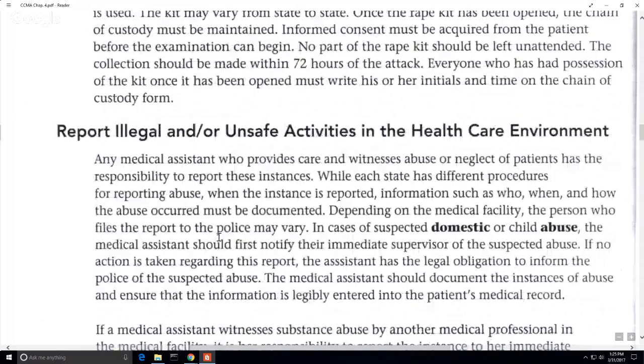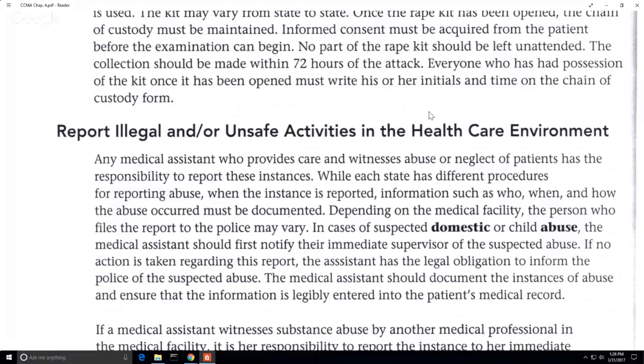Report illegal or unsafe activities in the healthcare environment. Any medical assistant who provides care and witnesses abuse or neglect of patients has the responsibility to report these instances. What if we don't do that?